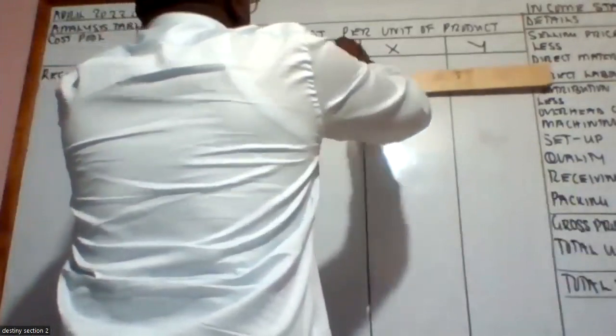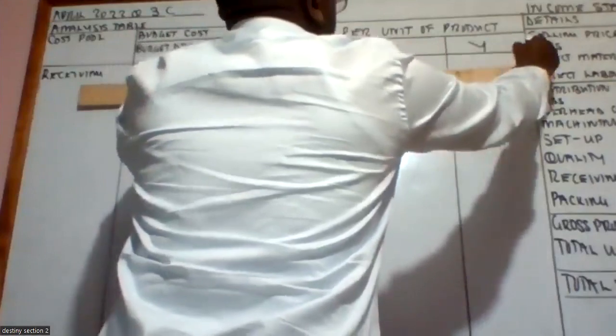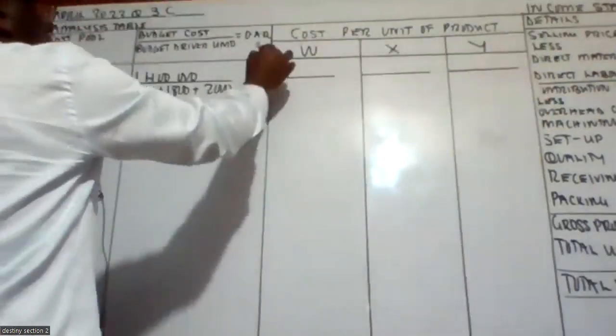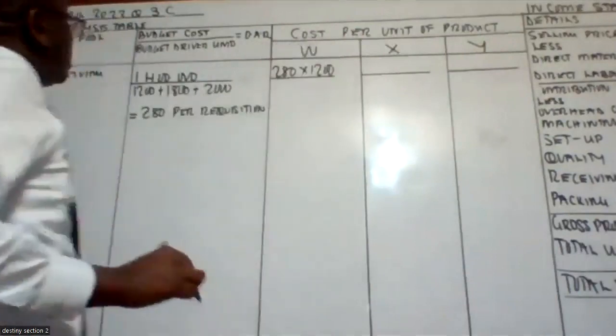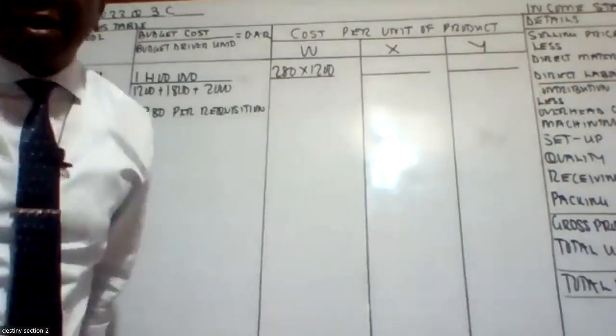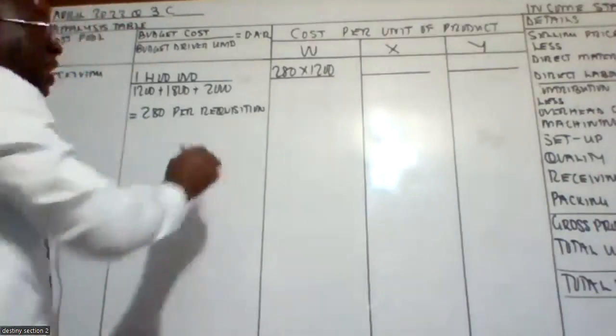Let's compute per unit as we were doing previously. It is going to be 280 times 1,200. You divide by the number of units. The number of units of W, they are 10,000.